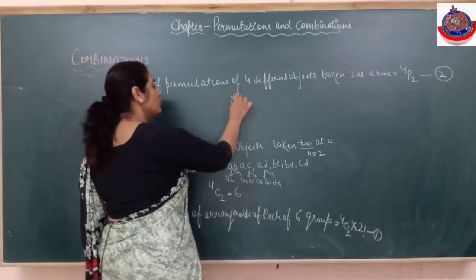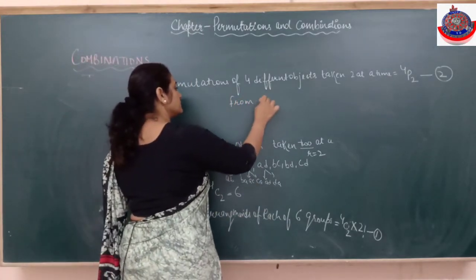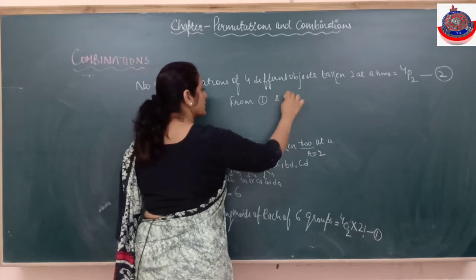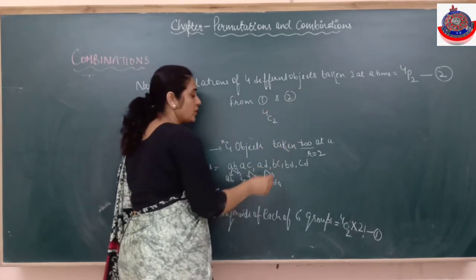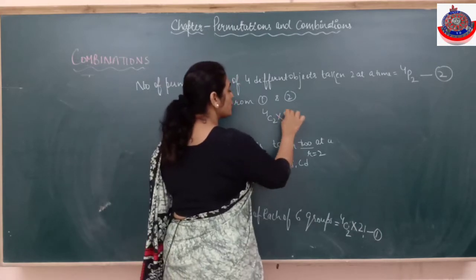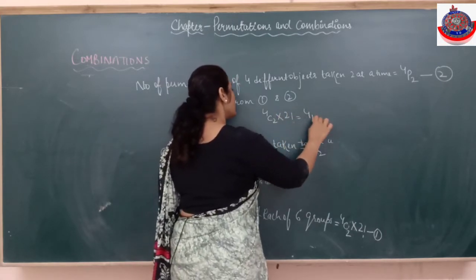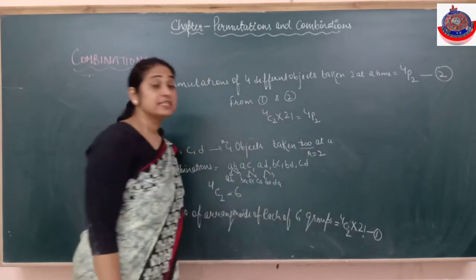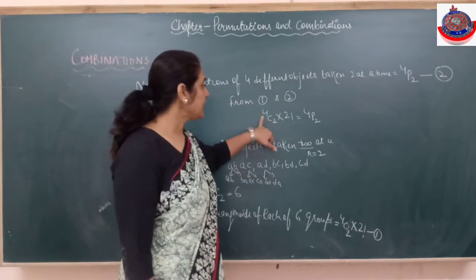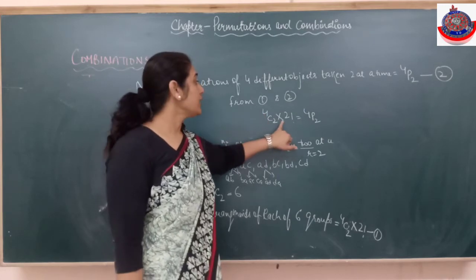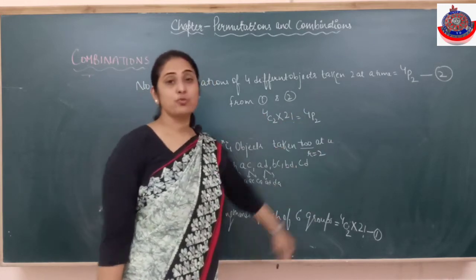So from 1 and 2, 4C2 into 2 factorial is equal to 4P2. So this is the relation that if I write it in the general form, 4C2 into 2 factorial is equal to 4P2.